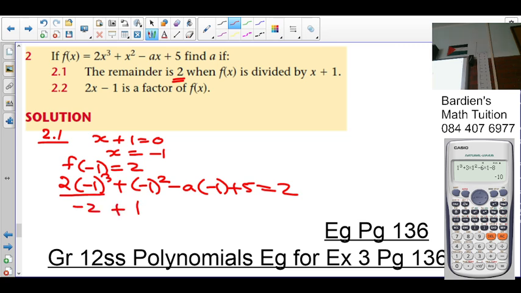Negative 1 squared is positive 1. Negative a times negative 1 is positive a. Plus 5 is equal to 2. So a is equal to 6 minus 2, which is 4. So a is minus 2. Okay, you all agree with that? Is that correct, people? Yes. Okay.